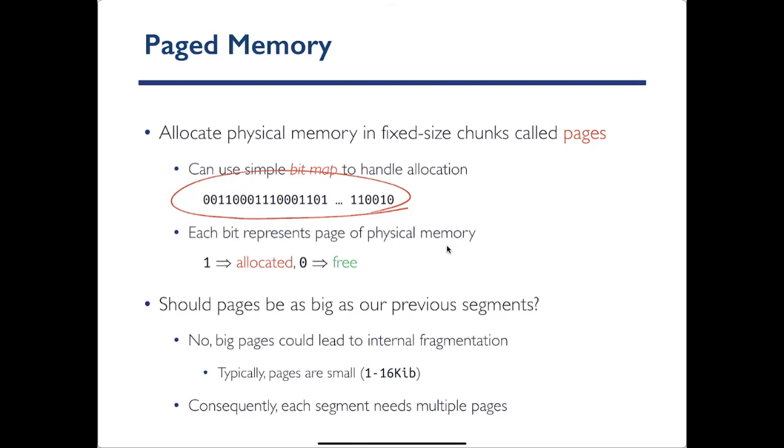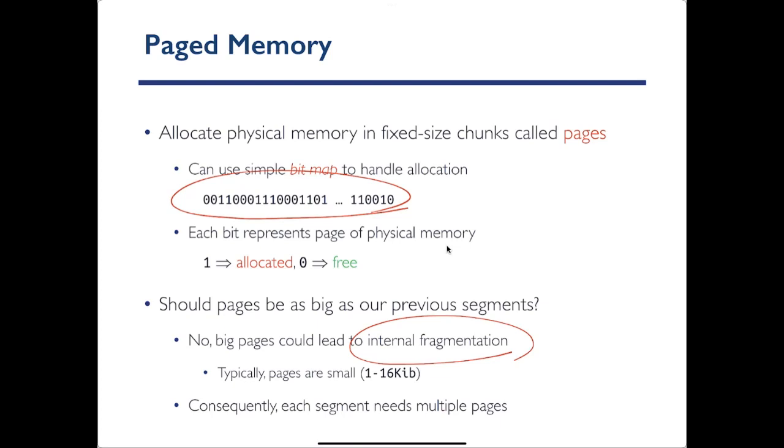Now, the downside of having pages is it could cause internal fragmentation, depending on the size of the page. So if you have big pages, then you have less of them. Your physical memory is constant, the size of it. Now, if the size of each page is big, then you have less pages.